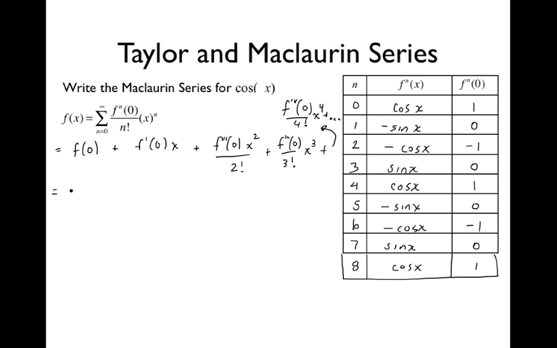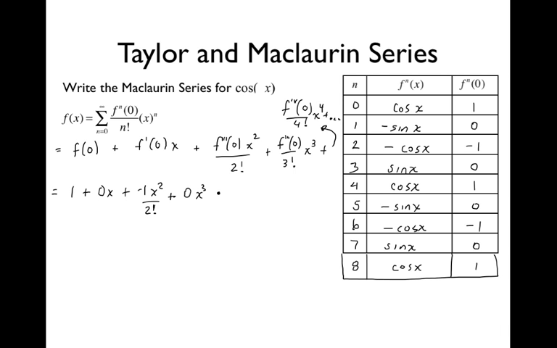So f evaluated at 0 was 1, plus 0x, plus the second derivative evaluated at 0, which was our negative 1 right here, x squared over 2 factorial. Plus, third derivative was 0, so 0x cubed.